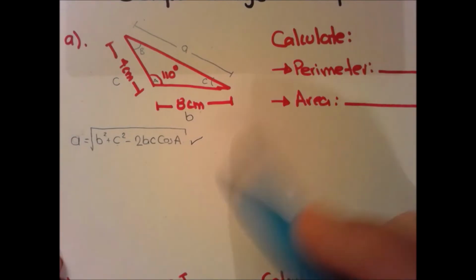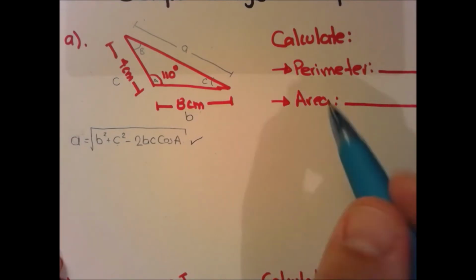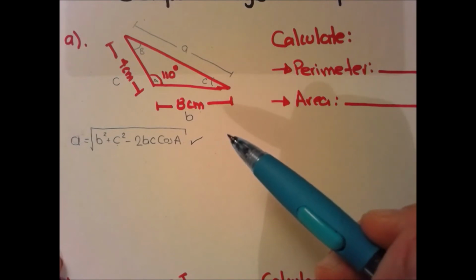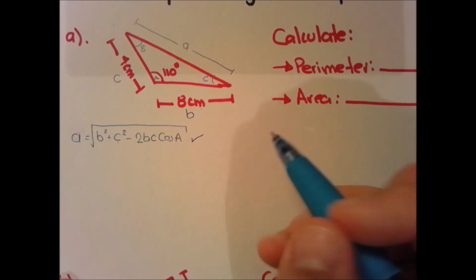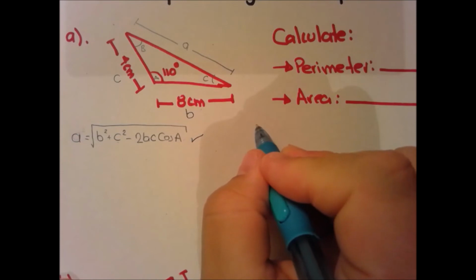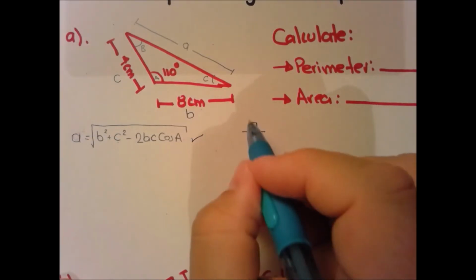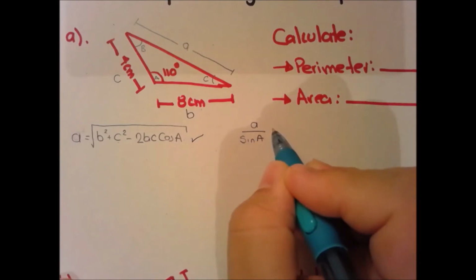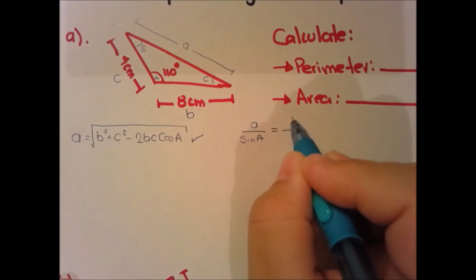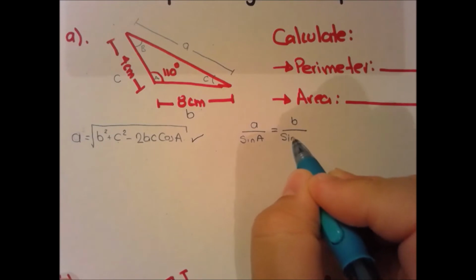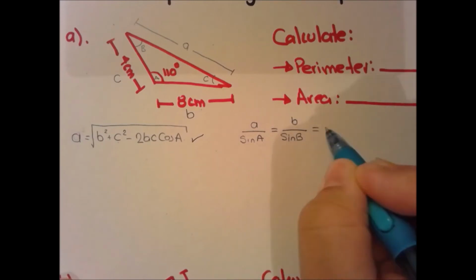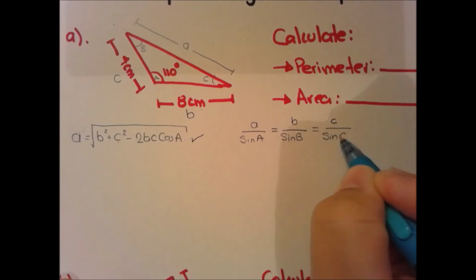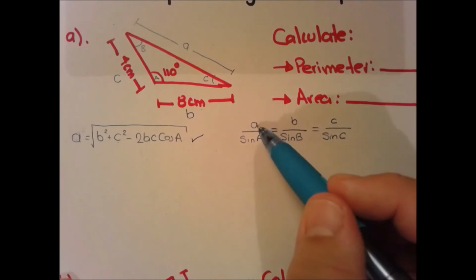What about if I pretend to use the law of sine? In that case, it would be a relation of proportions. For example, a, the side that I'm interested in, over sine of A should be proportional to b over sine of B, and also proportional to c over sine of C. For example, a, we don't have it.